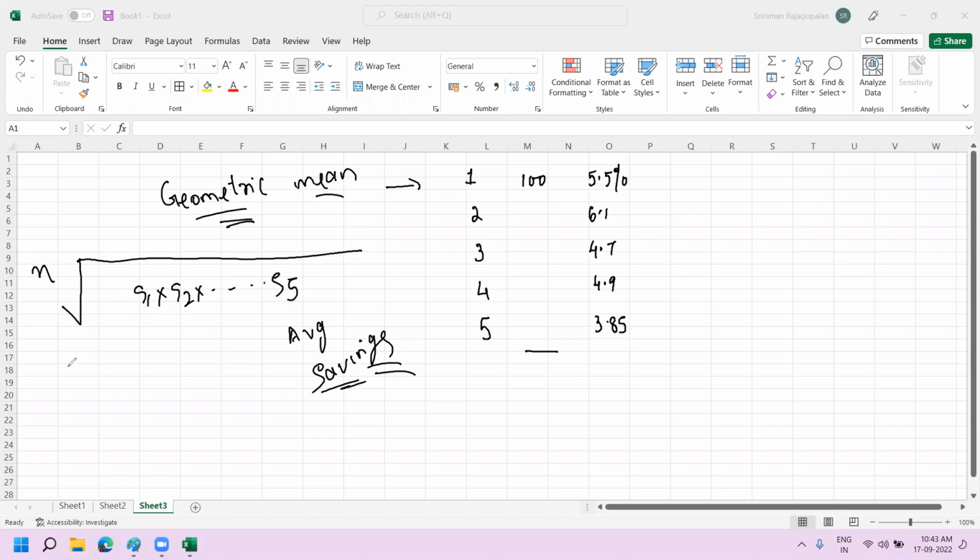So this will give me the fifth root of S1 into S5, or the power 1 by 5, because I have only 5 entries here. Clear? So once again, we'll do the geometric mean, find out what the central value is. We'll use the regular mean to find out the central value. Compare the two means.